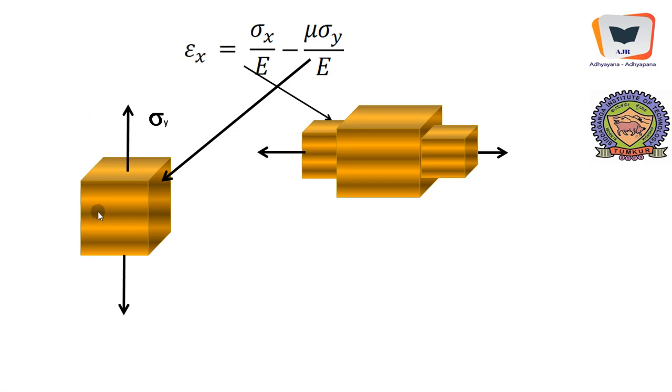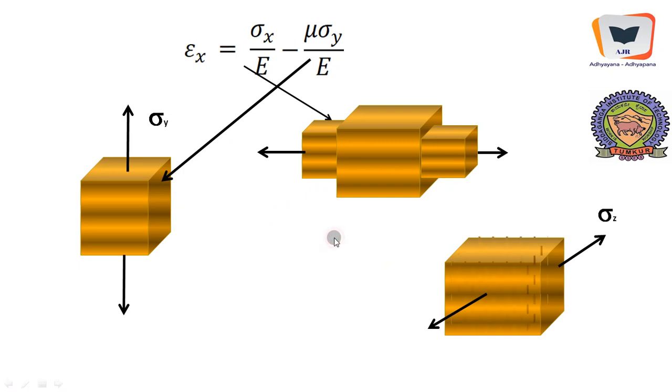This is the longitudinal strain as far as sigma y is concerned, but the lateral strain is the strain that happens along x. Since it is a tensile stress, it is going to reduce, while sigma x is trying to increase the dimensions along x direction. Sigma y is not contributing to the increase in the dimensions along x direction. Therefore a negative sign comes into the picture.